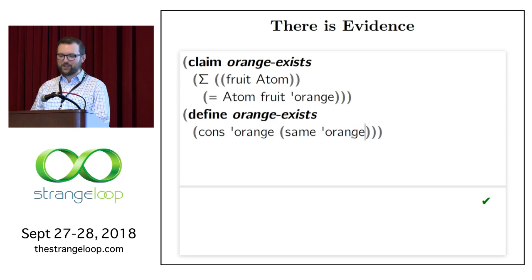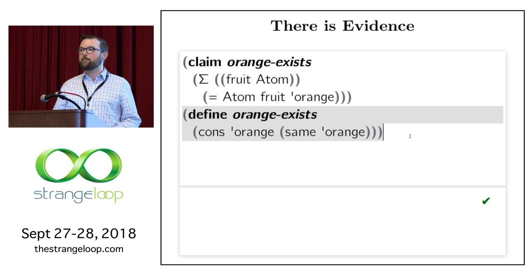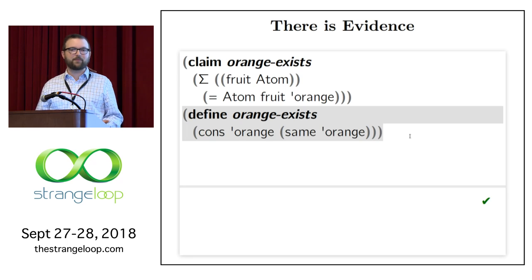And then we get our green check mark. In other words, sigma is the type of what we call dependent pairs. The type of the second thing in the pair is allowed to refer to the value that is the first thing in the pair by name. And actually, pair, the type we saw earlier, is an abbreviation for sigma where that name just isn't used.